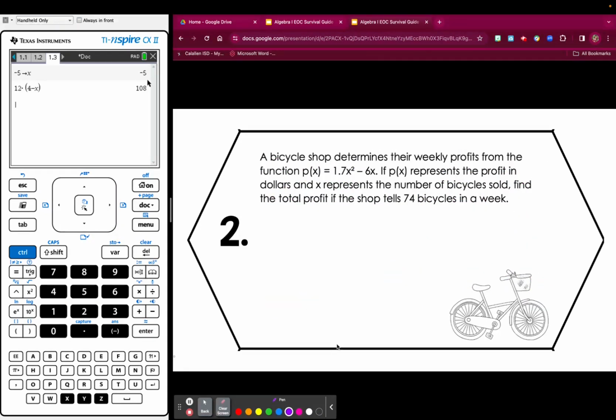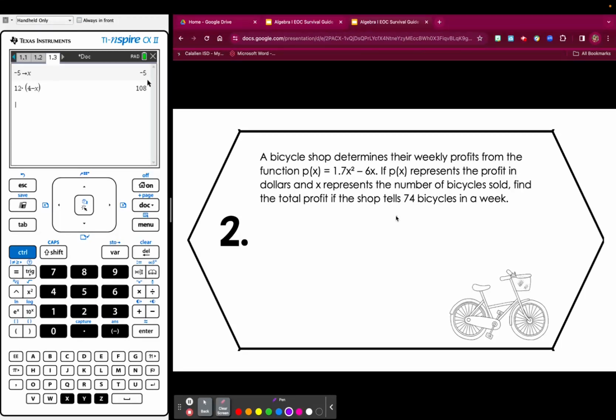Number 2 says a bicycle shop determines their weekly profit from the function p of x equals 1.7x squared minus 6x. If p of x represents the profit in dollars and x represents the number of bicycles sold, we want to find the total profit if the shop sells 74 bicycles in a week.